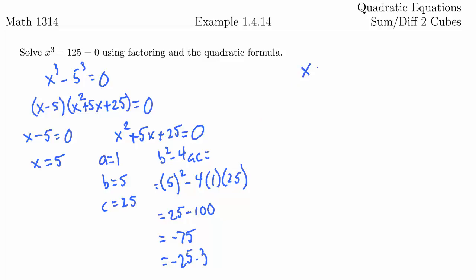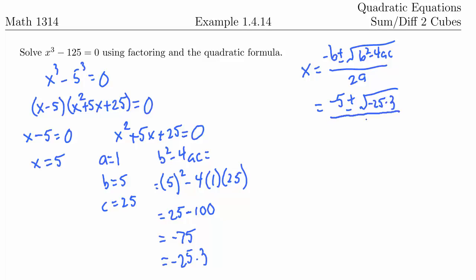So the quadratic formula is x equals negative b plus or minus the square root of b squared minus 4ac all over 2a. Negative b is the opposite of this number, so that's negative 5, plus or minus the square root of negative 25 times 3, all over 2 times 1, which is 2.